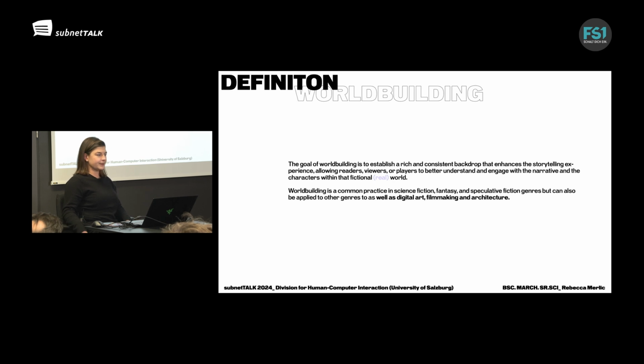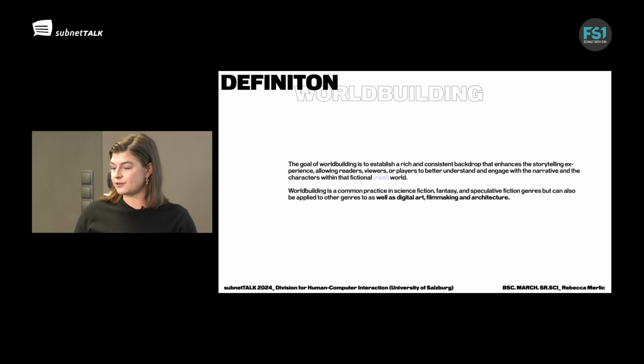For the people who don't know the term, the goal of world building is to establish a rich and consistent backdrop that enhances the storytelling experience, allowing the readers, viewers, or players to better understand and engage with the narrative and with the characters, with that fictional, in brackets, real world, because for me it's also coming from reality.